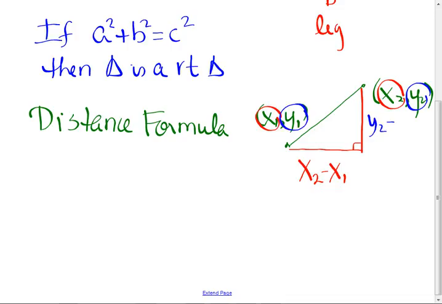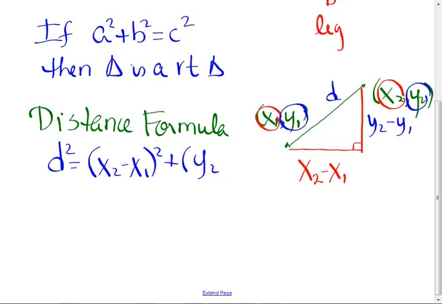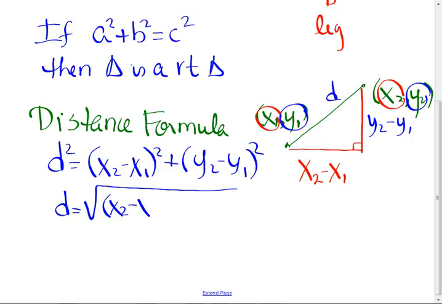It doesn't matter the order when you subtract them, because you're going to square them. So Pythagorean theorem says d squared is equal to x2 minus x1 squared plus y2 minus y1 squared. And if you solve for d, you square root it. I notice that some people are struggling with how to undo squaring. You square root to undo squaring.